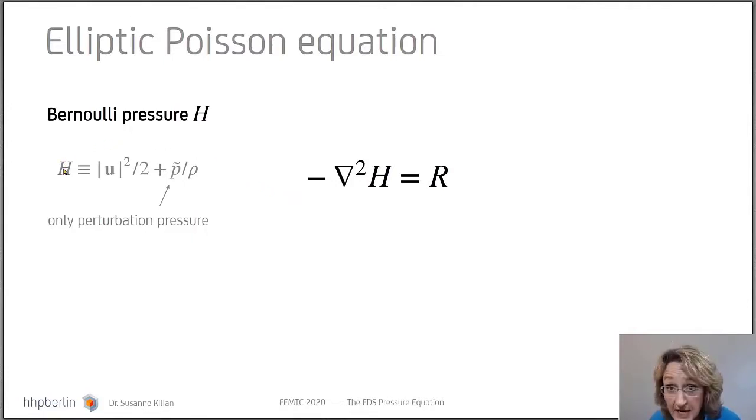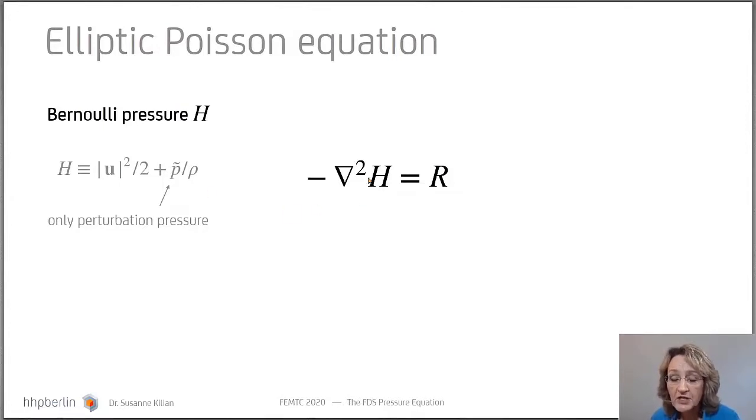So this h is defined as the Bernoulli pressure, and based on the low Mach number assumption, which is a very basic design principle of FDS and which assumes a subdivision of the pressure into a background part which only accounts for the stratification in the atmosphere, and a perturbation part which is related to various acting forces, such as, for example, heat or air introduced into the domain.